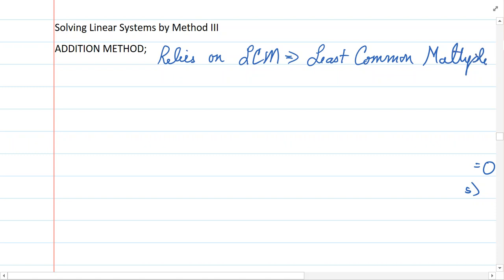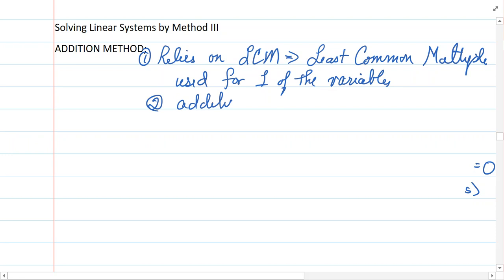So we need to find the number that works to be the same in one of the variables. And the second thing it relies on is additive inverse. In other words, if I have an A and I subtract an A, they're gone. It zeroes out.